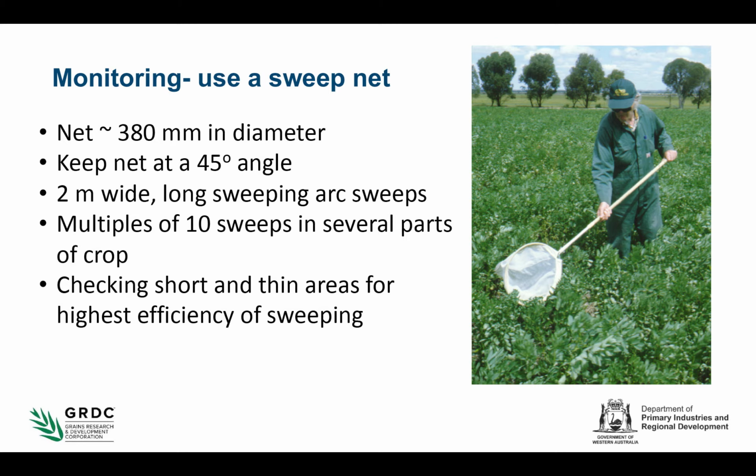Please make sure that you do at least 10 sweeps in different parts of the crop, and the higher the crop is, the more difficult it is to sweep. If you can't get a sweep net through, maybe consider using secateurs to cut 40 plants and bash them into a bucket. 40 plants gives you an idea of what the number of caterpillars are per square metre, and you can figure it out from there what the thresholds are.